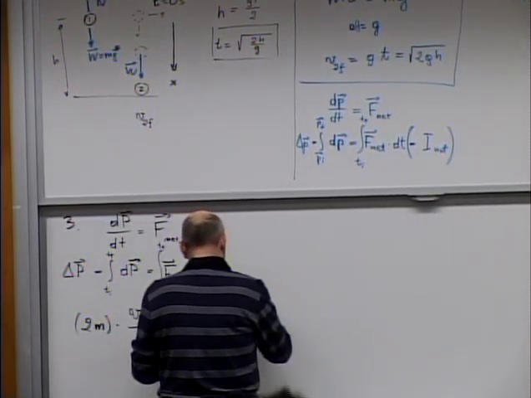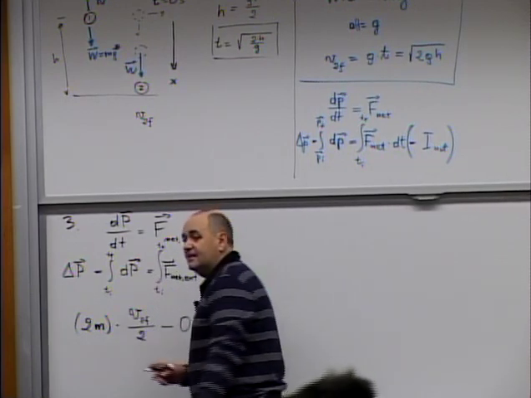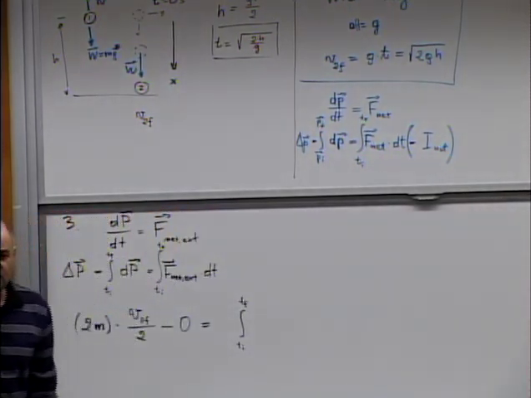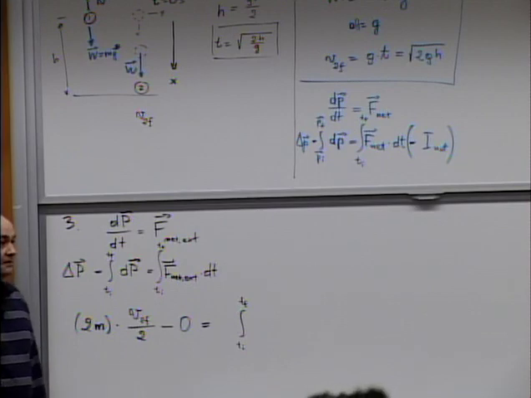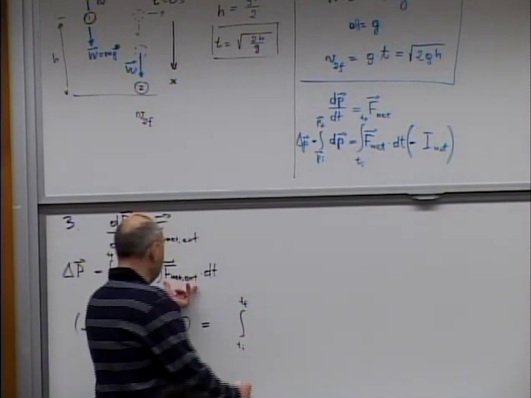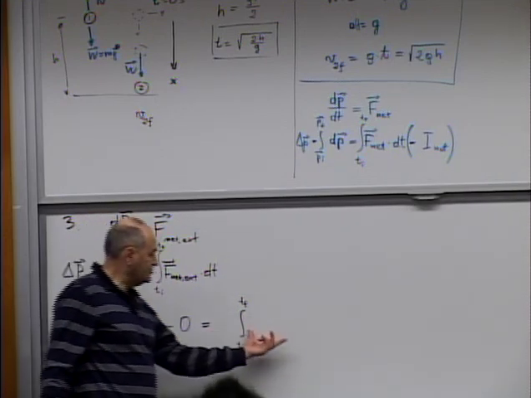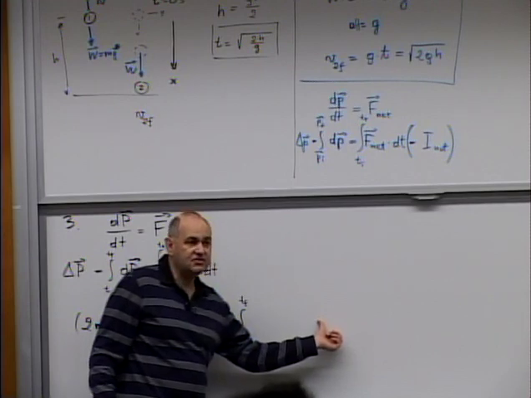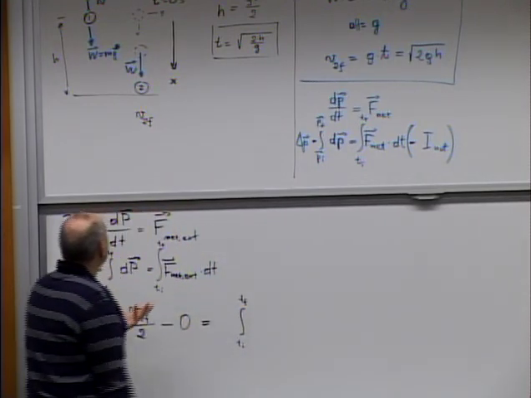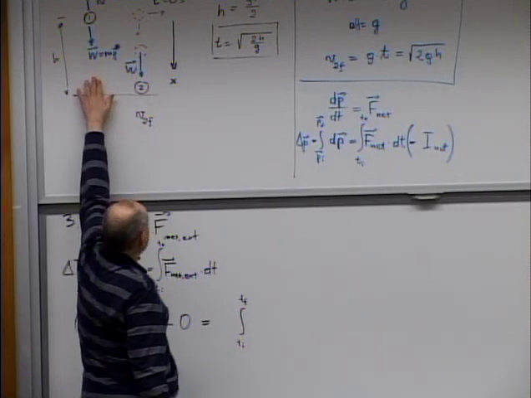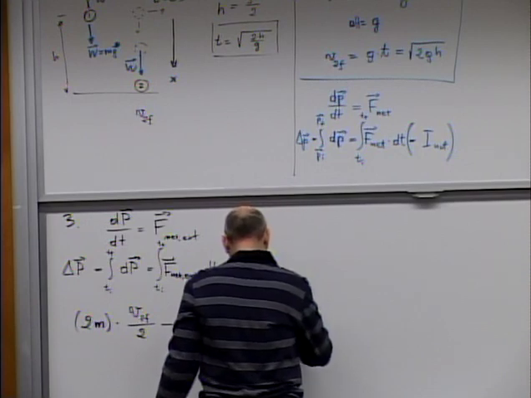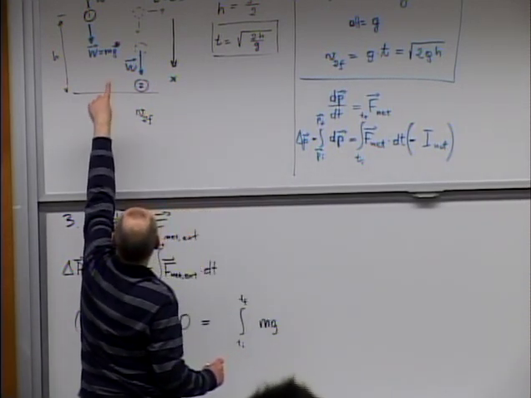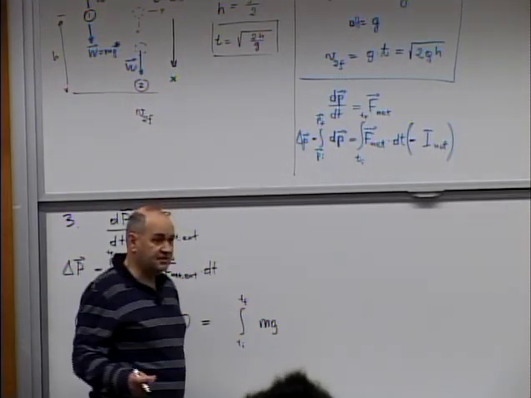So we got the change in total momentum, and this is supposed to be equal to the integral from t initial to t final of, and let's find out what I have to add now, the net external force. So we have the gravitational force exerted on this particle plus the normal force exerted on that particle.